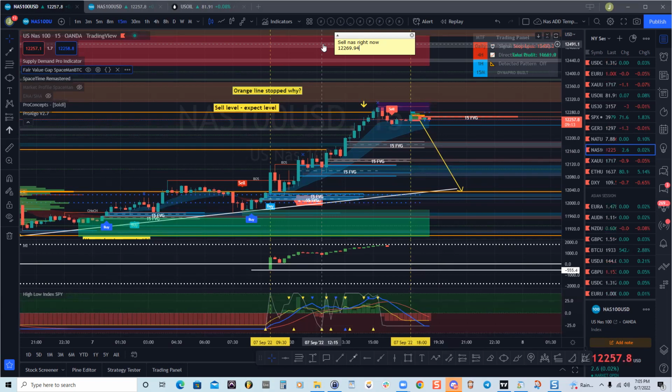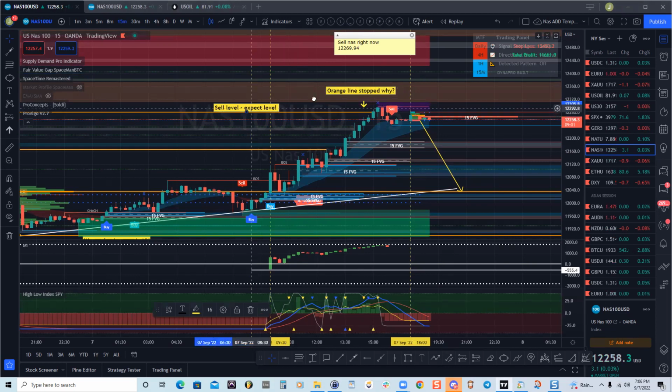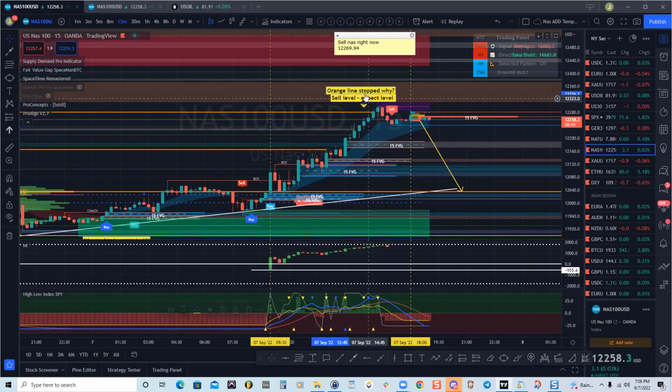I guess that's a whole different lesson, understanding that. But if the orange line stopped here and you expect the sell level here, that's what we did. We took a sell level here.